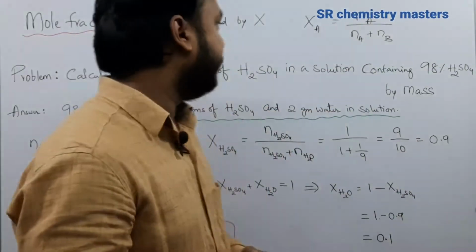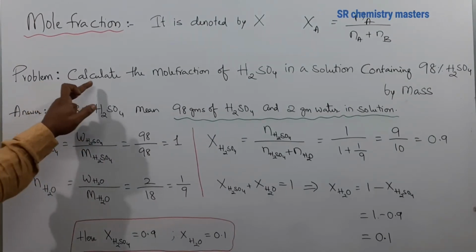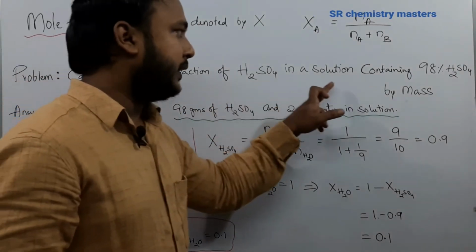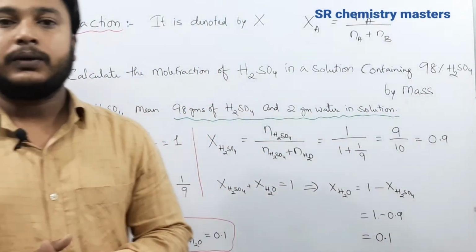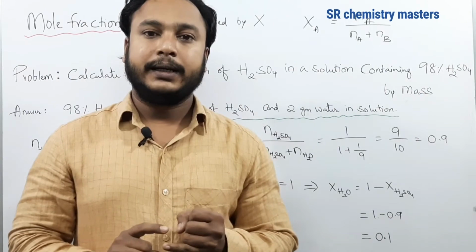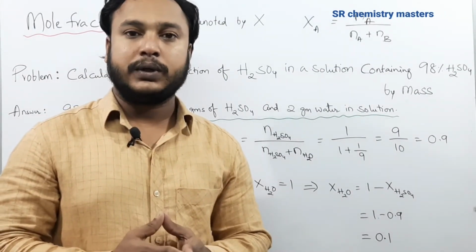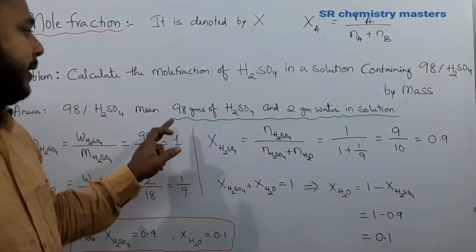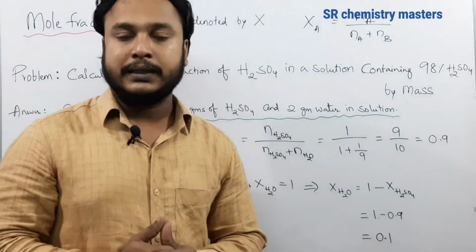Here on the board the question is: calculate the mole fraction of H2SO4 in a solution containing 98% H2SO4 by mass. 98% H2SO4 means 98 grams of H2SO4 in 2 grams of water present in the solution.